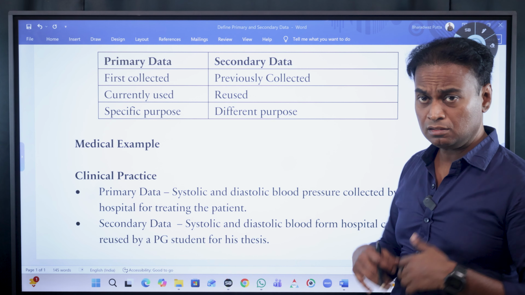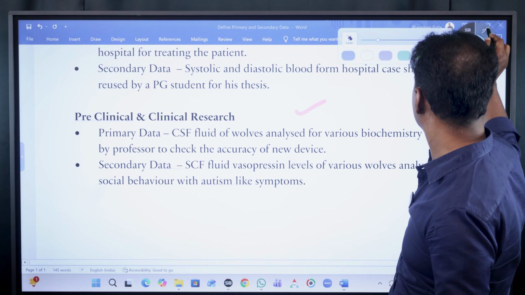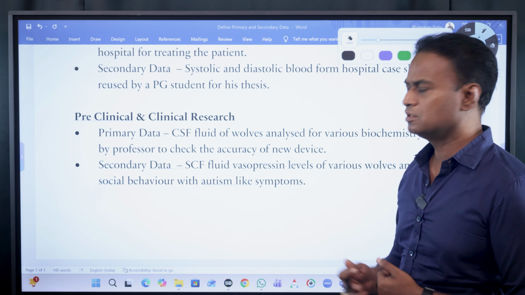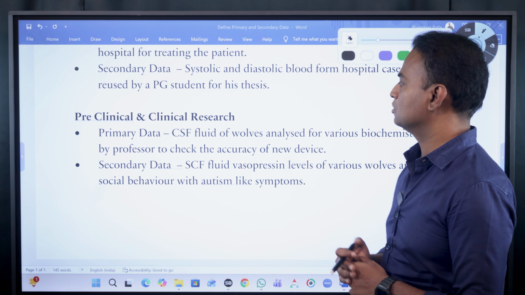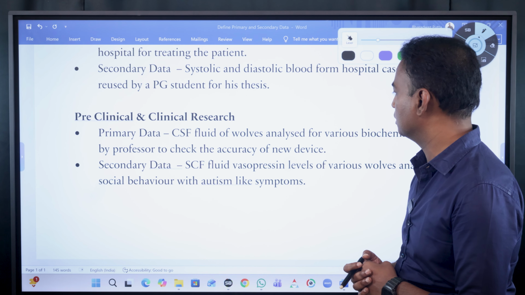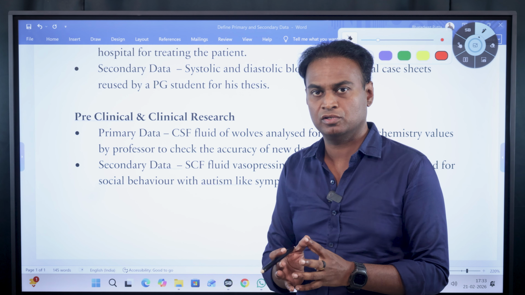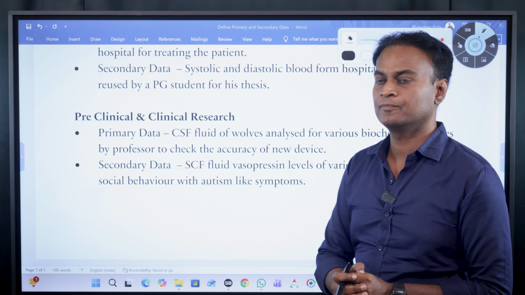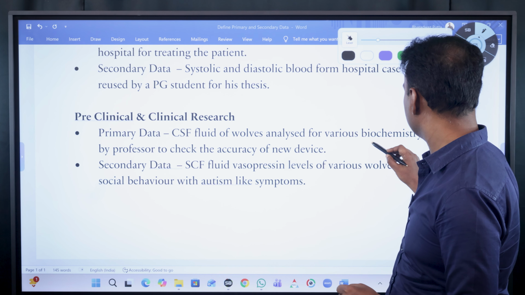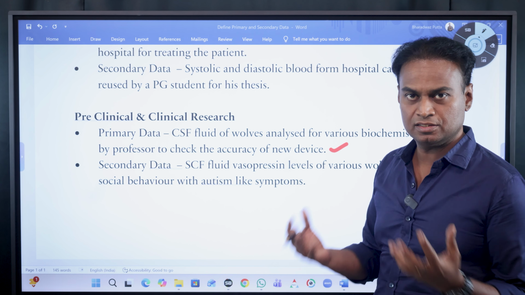Now we will check an example with clinical research, especially preclinical research, an animal trial. In preclinical research, I have seen a case where cerebrospinal fluid of a wolf, an animal, is collected and analyzed for biochemistry values by a professor to check the accuracy of a device.